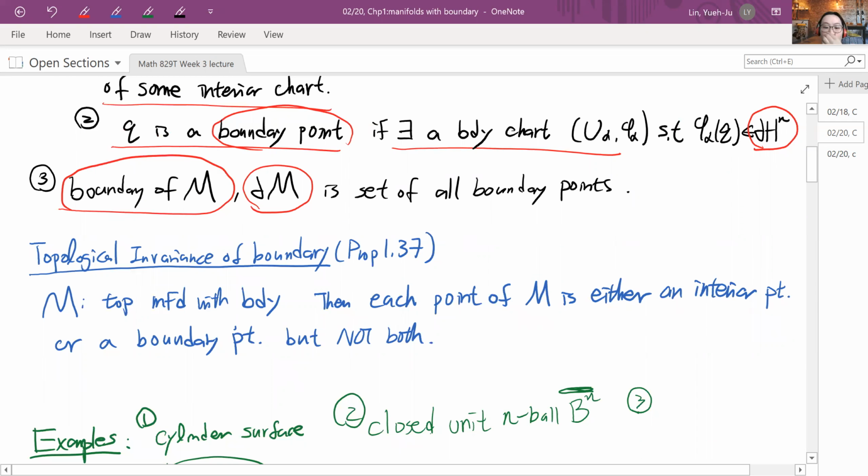So for example, you might have an open set on the manifold that gets mapped to a half open ball here, right? If this is the case, then we call this the smooth coordinate half ball. So we can define the same terminology as before, but right now we have a slightly different open set here.